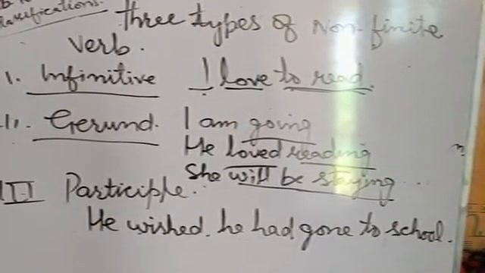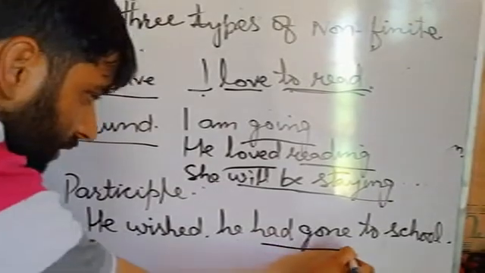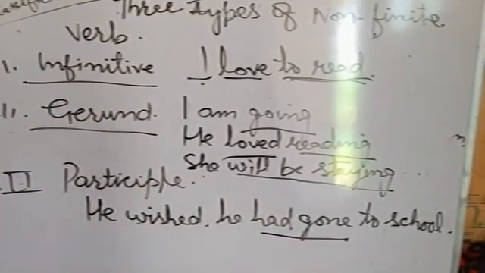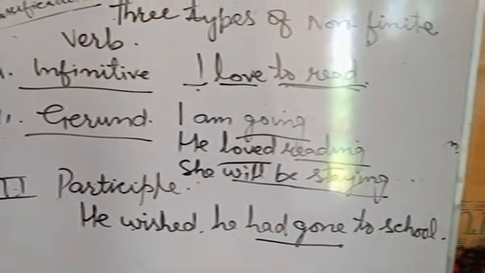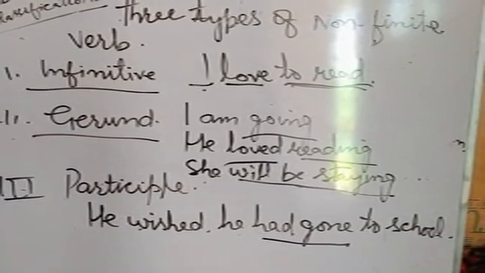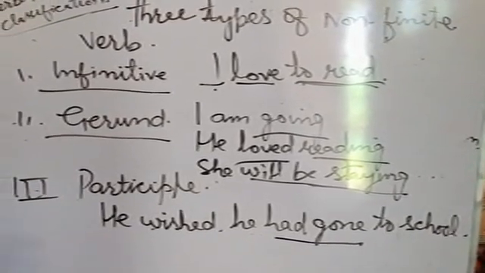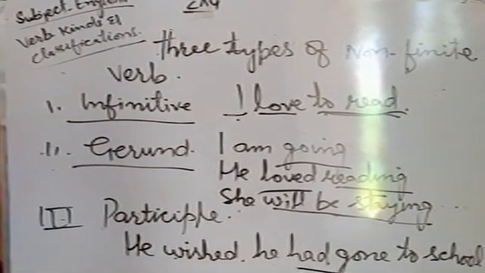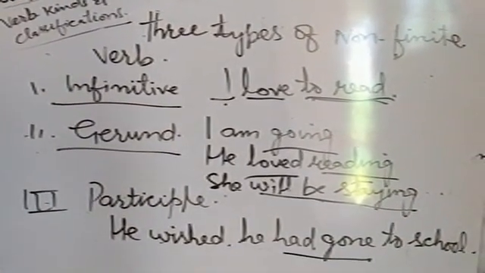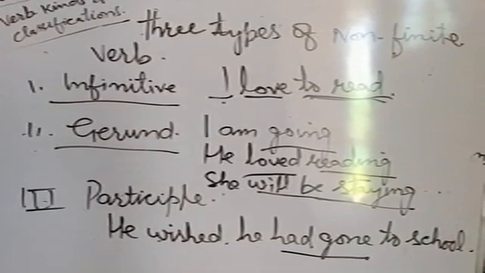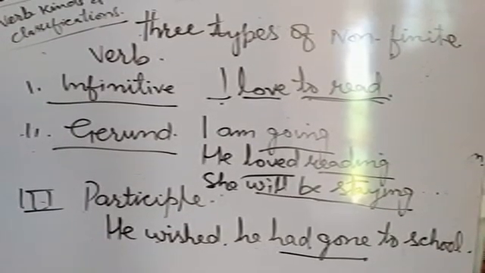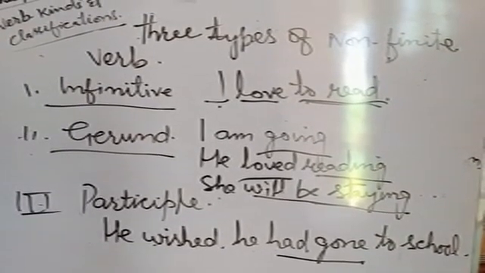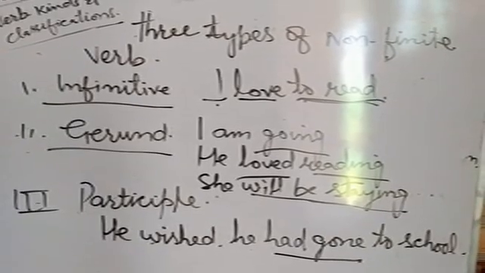In this sentence, had plus third form of verb, gone. It is a participle. We know there are present, past and past participle. If we take a verb just like go, its past is went. Go and went, they both are finite verbs. Gone, the third form, is a non-finite verb.